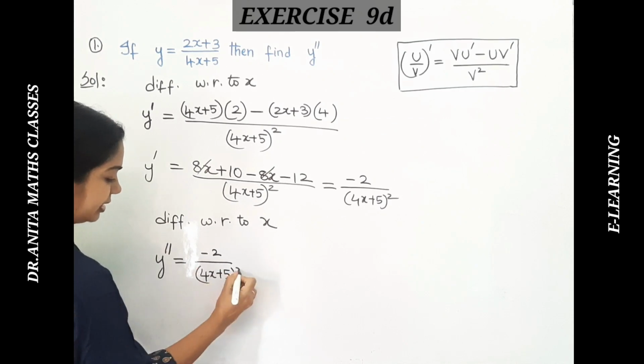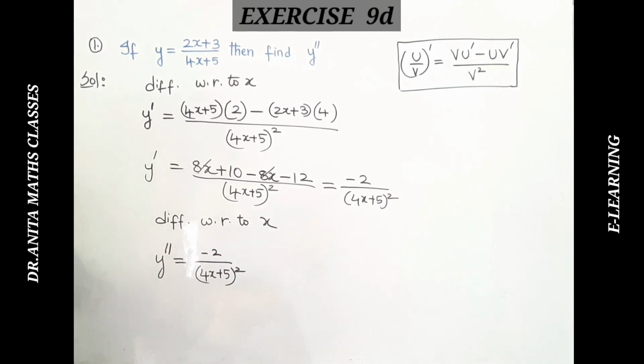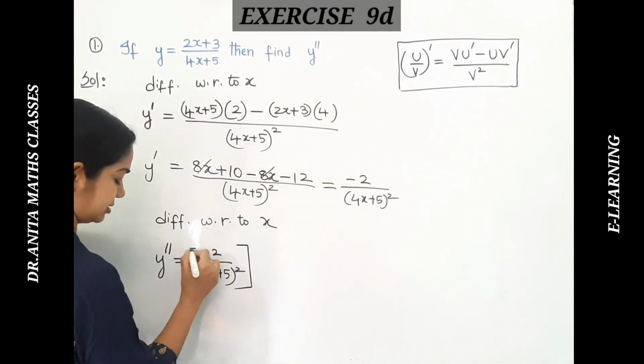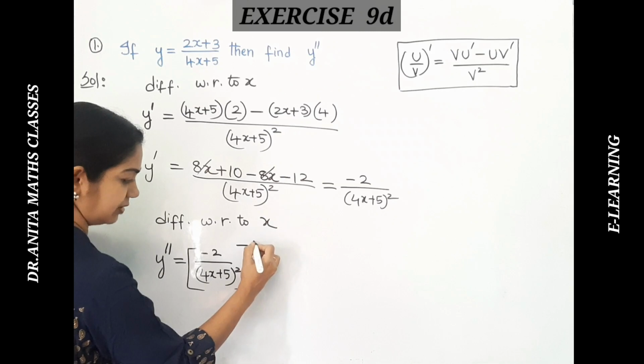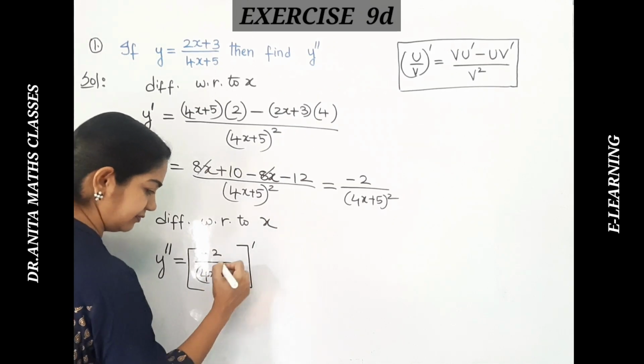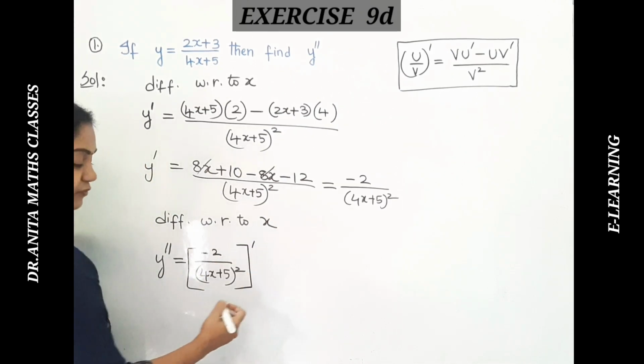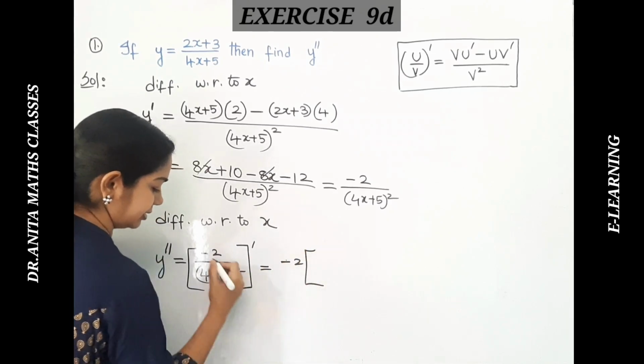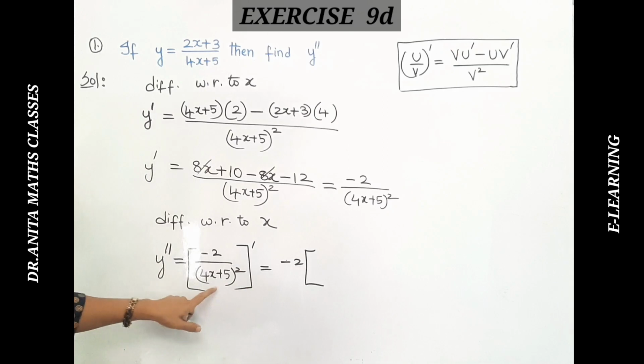You can take the constant out, and take 1 upon this. Here only 1 I am writing, because this is already the first derivative, and for that we do one more derivative. So this comes to minus 2, you can take it out, and here the derivative of 1 upon this.